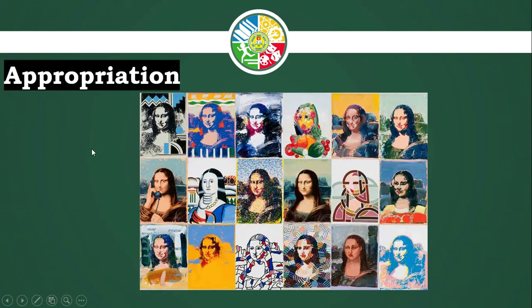Another example is Mona Lisa. I'm very sure that you're familiar with or have seen many versions of Mona Lisa. Even though there are many different versions of Mona Lisa, we still know what the original is. We know the exact image of the original, and the following are just some of the recreations of the artwork Mona Lisa.